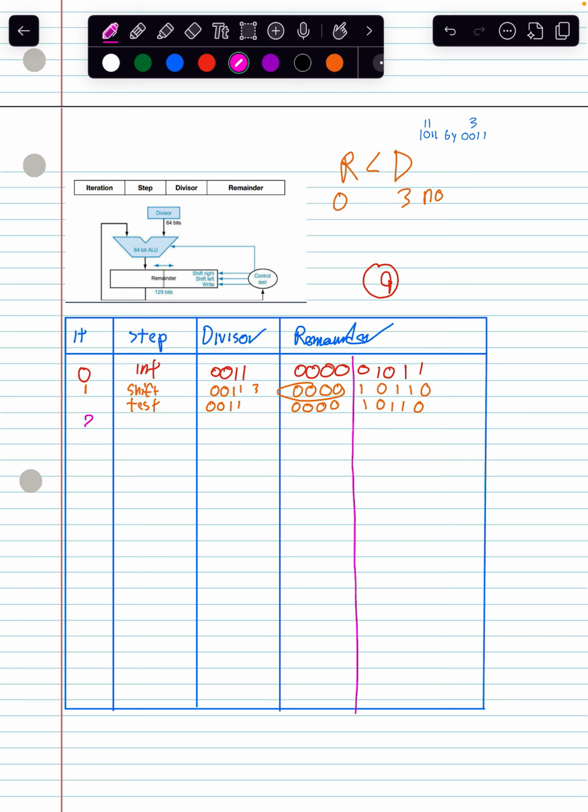Then to the next iteration, we're going to shift it all down by 1. Okay, so now we're going to test it again. Is 1 bigger than 3? No. So we're not going to do anything.